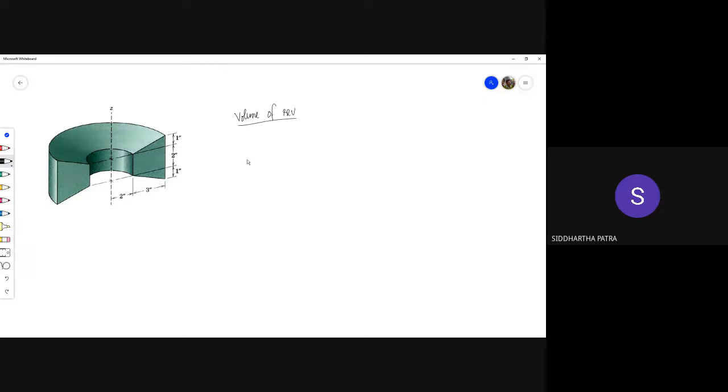Okay, one thing regarding the centroid: there are different geometries for which you can directly gauge the centroid.